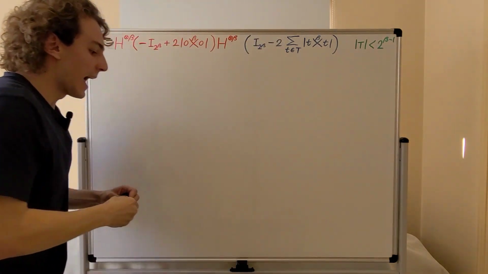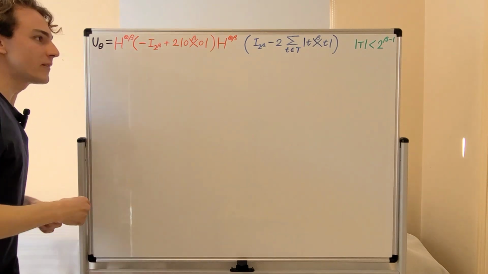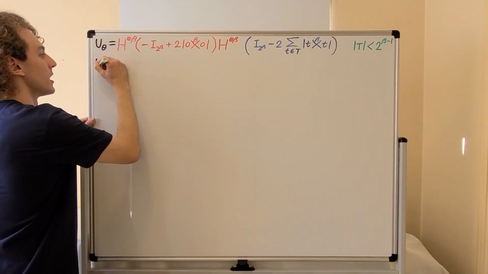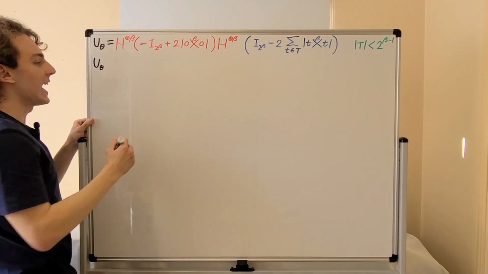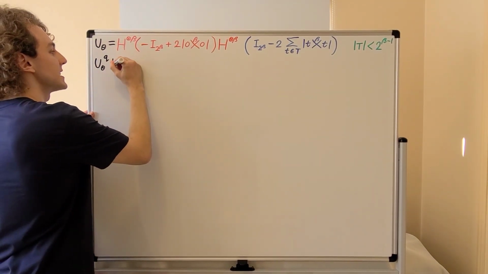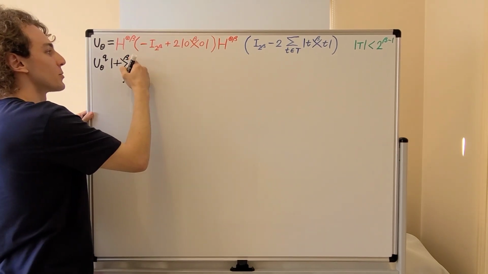So now let's have a look at what the quantum search algorithm does. The goal of the quantum search algorithm is to take this unitary operator, u theta, and iteratively apply it q times to the state that is labeled by plus. And again, we have this superscript beta.